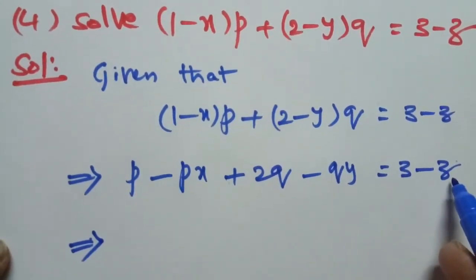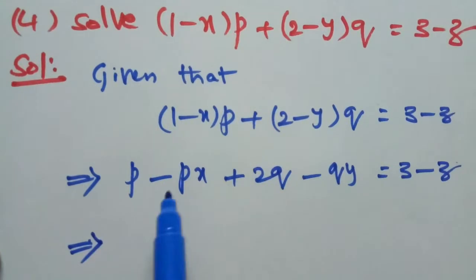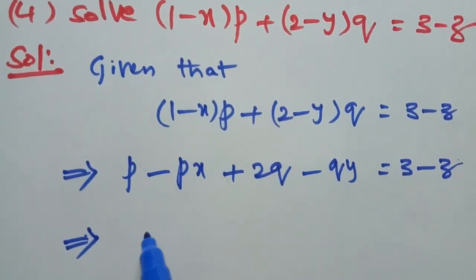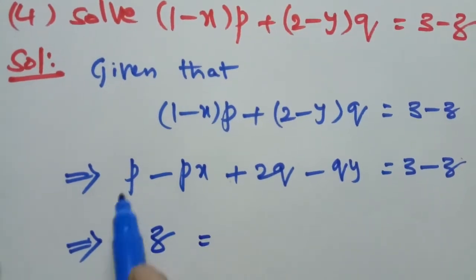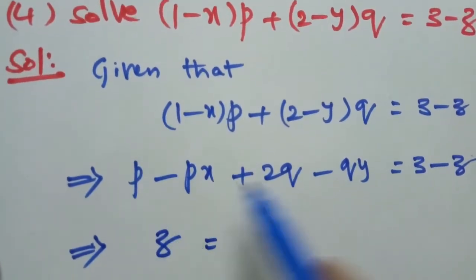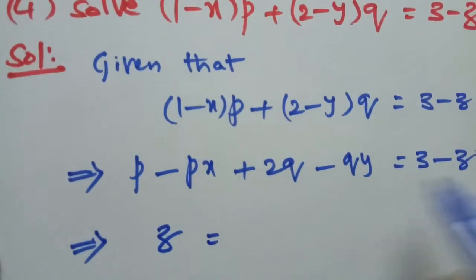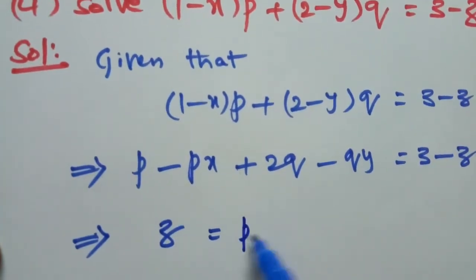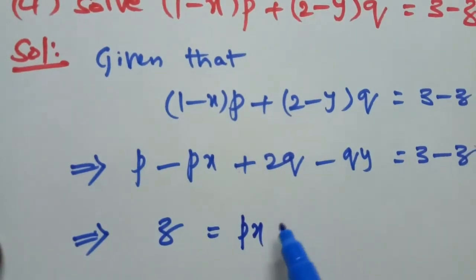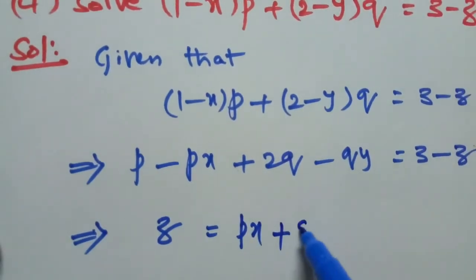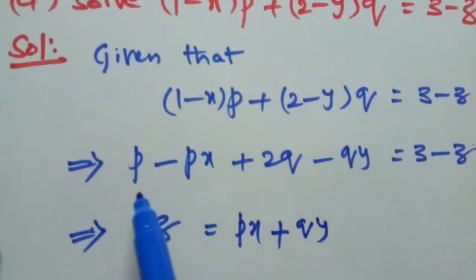That means we are changing from right hand side to left hand side. So z is equal to minus px, we are writing in the right hand side. Minus px becomes plus px, minus qy becomes plus qy.